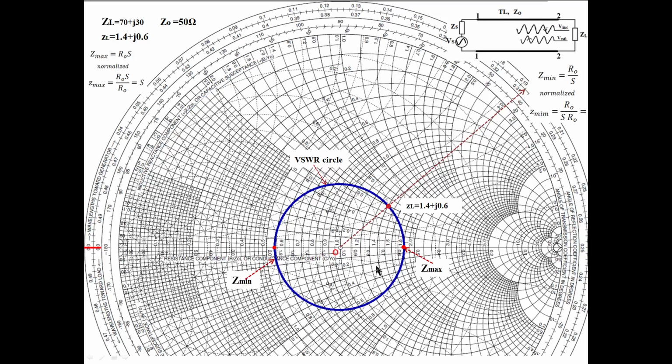If you complete one circle like this, we will be completing a distance of lambda by 2 over the transmission line. If you travel a distance of lambda by 2 from the load, that is nothing but completing one circle over the Smith chart, this VSWR circle, moving from the load point back to the load point.